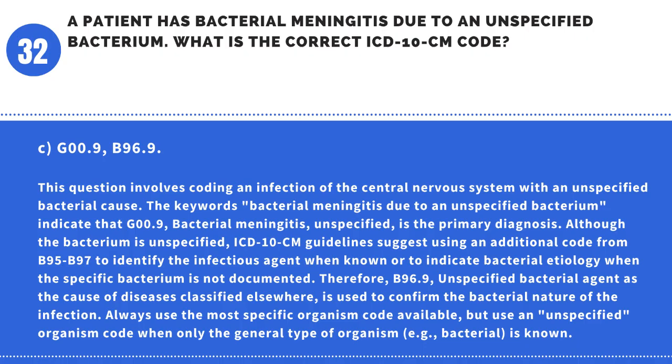Therefore, B96.9, unspecified bacterial agent as the cause of diseases classified elsewhere, is used to confirm the bacterial nature of the infection. Always use the most specific organism code available, but use an unspecified organism code when only the general type of organism, e.g., bacterial, is known.